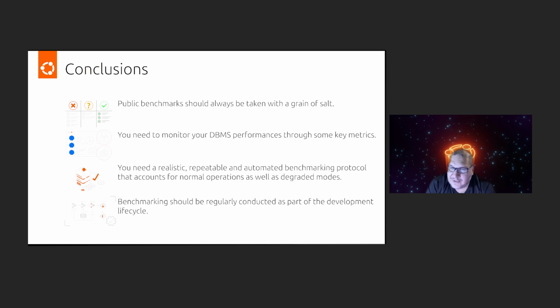If you would like your database to provide the same service level agreements in terms of performance with at least 2 nodes, or 3 nodes, then you should dimension the system in a way that your 2 nodes should be enough to handle all the requests. And that's why it's very important to conduct the same tests in degraded modes.